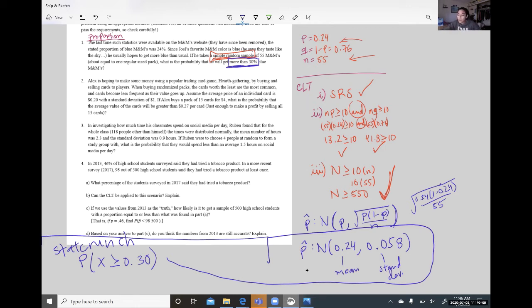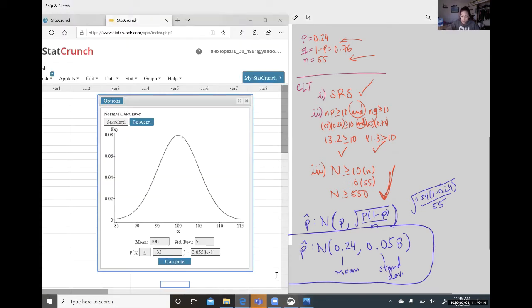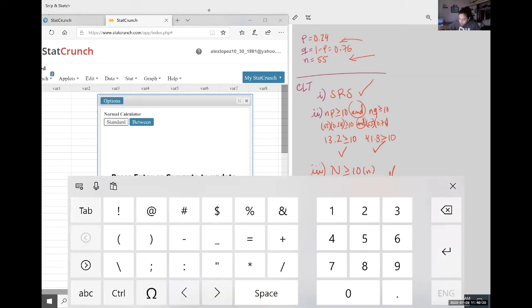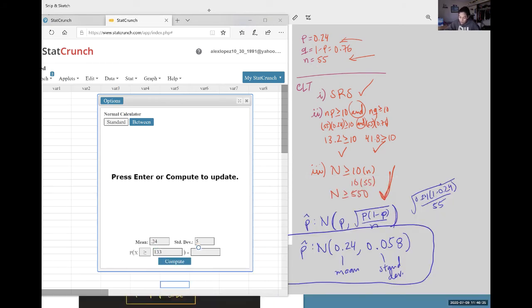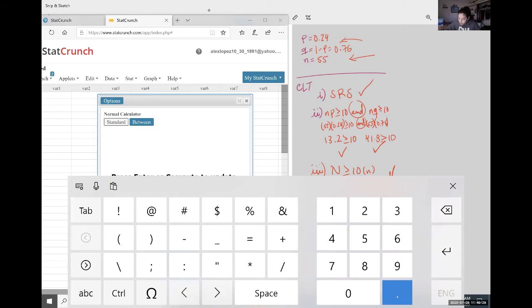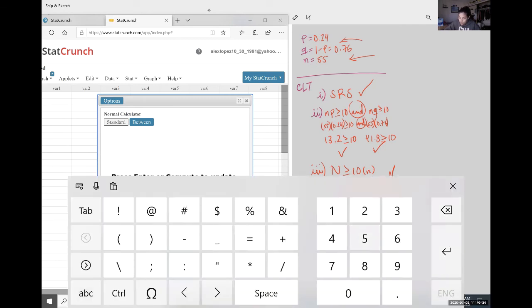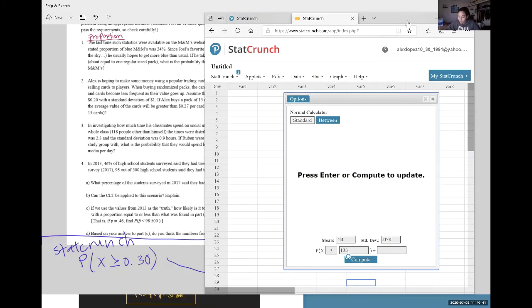Okay, so I go to StatCrunch, and I want the standard. My mean was 0.24. My standard deviation 0.058. And then greater than or equal to, that's exactly what I wanted, and I want greater than 0.30.